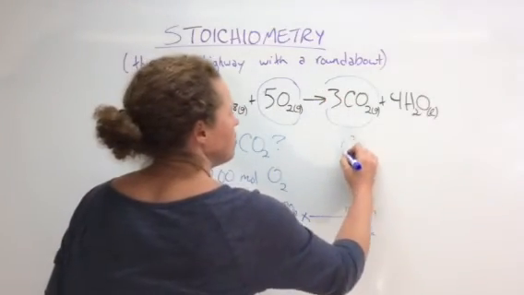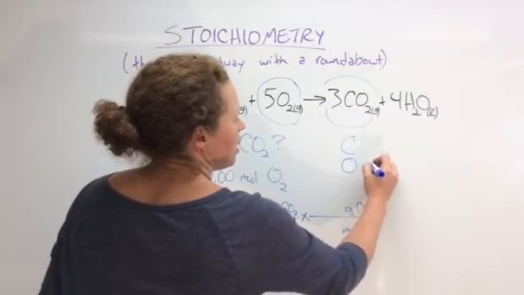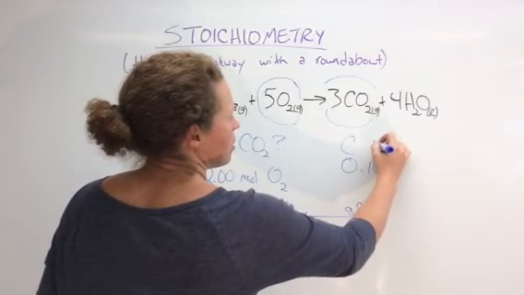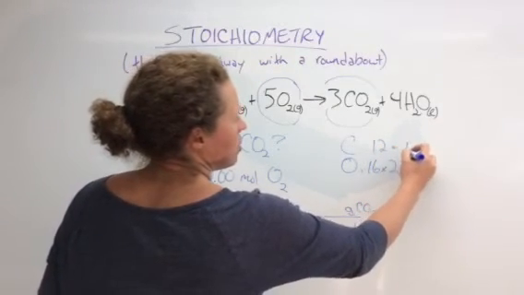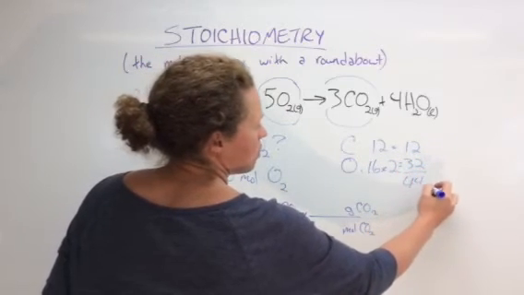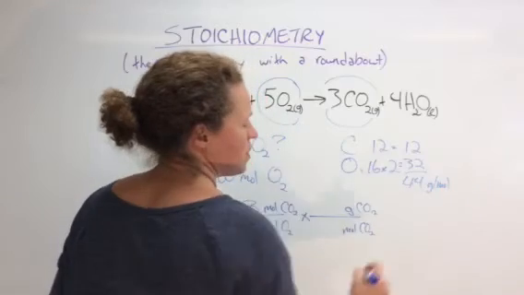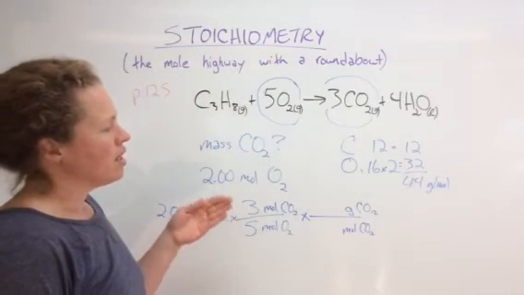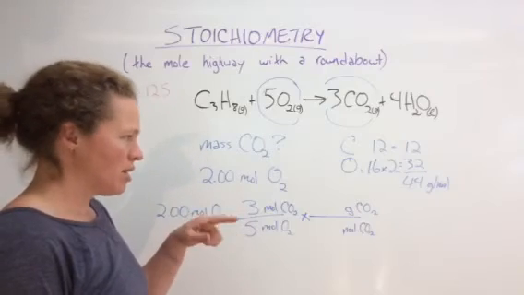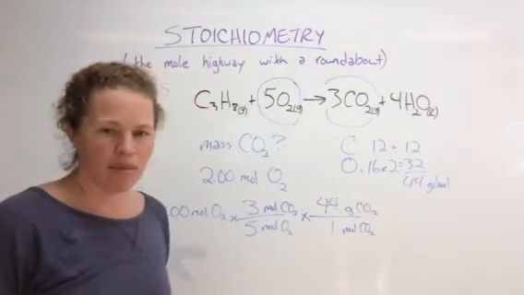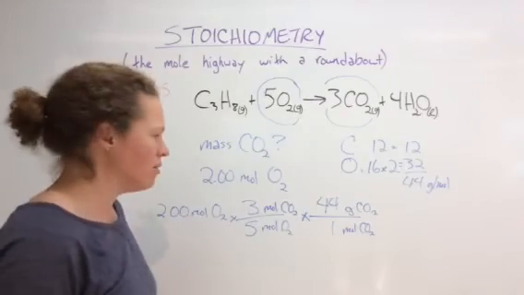So I would need to figure out, I've got oxygen is 16 times 2, carbon is 12, so I got 12, I got 32, looks like it's 44 grams per mole. So I used the periodic table, I used the molar masses, and I figured out that CO2 has a molar mass of 44, so 44 grams per 1 mole, same thing that you did in Unit 5.